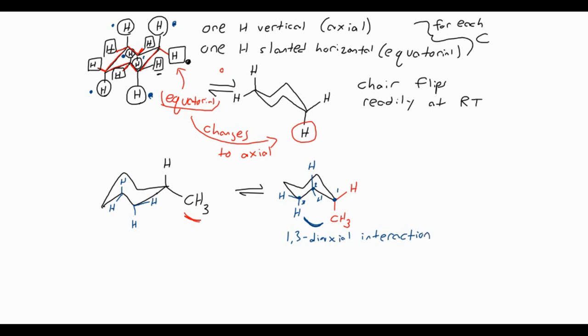So 1,3 because we have substituents on carbon 1 and carbon 3, and it's diaxial because we have a methyl group axial and a hydrogen axial. So diaxial. And those interactions will be unfavored because we have our big methyl group bumping into that hydrogen and causing the energy of the system to increase. So that's going to be less stable overall.